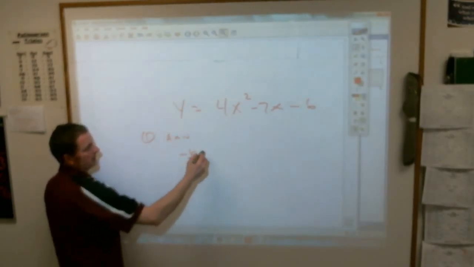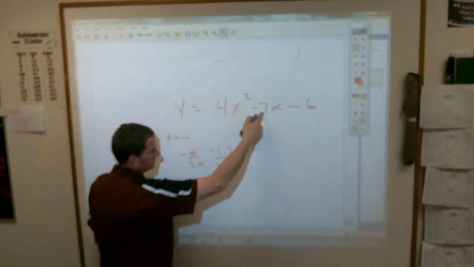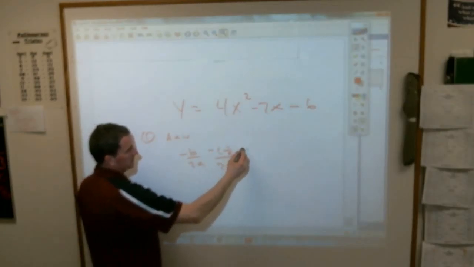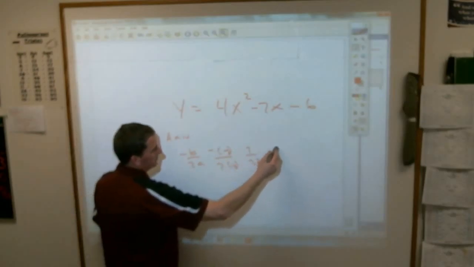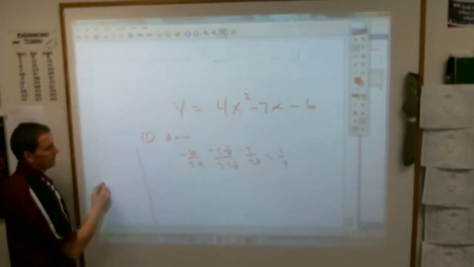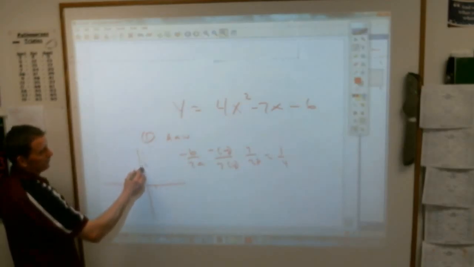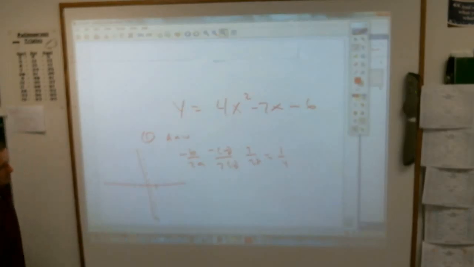Here b was negative 7, and 2a is 28. You end up with 7 over 28, which is 1/4. So 1/4 is your axis of symmetry.